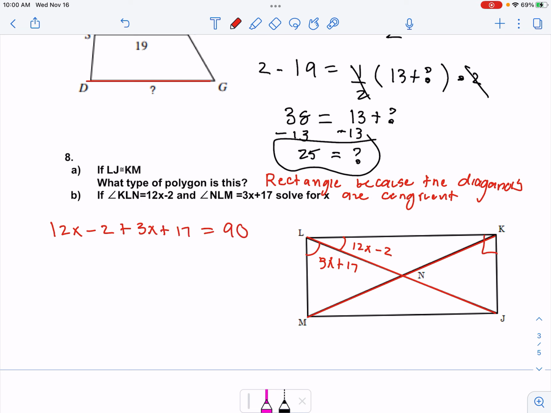Okay, so let's draw, it kind of helps to do the letters. So this is L, M, K, right? And this is N, O, P. Okay, so KM, well, that would correspond to OP.